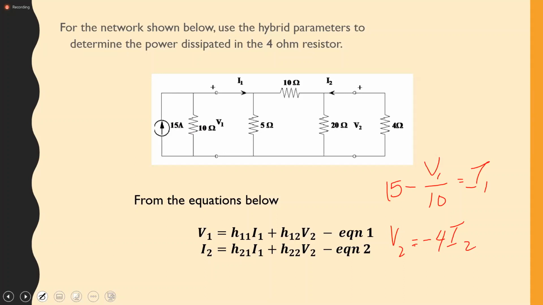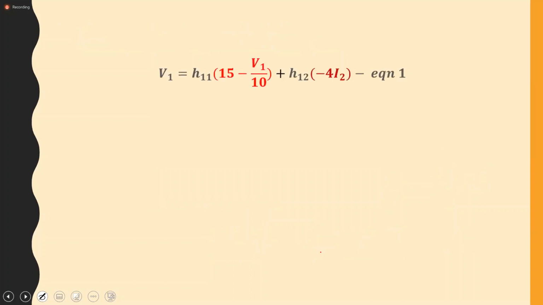We had those from last week. So all I'm going to do is substitute for V2 and I1 in the next slide. So that's I1, that's V2. And for the second equation, that's I1, that's V2.